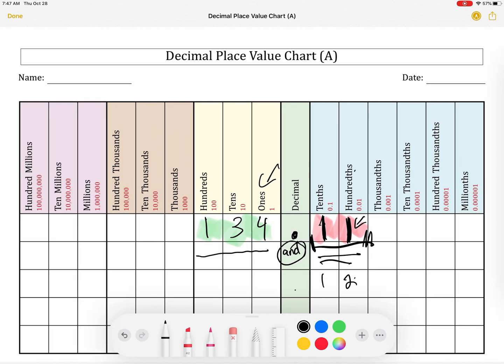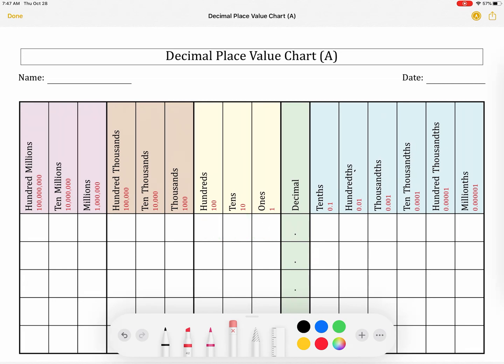So if we were to write this as a fraction, my part of my number, the red highlighted one, would be 11 over 100. So what I would recommend is that if you're struggling with this, if you don't know your place values very well, print off this place value chart and put in every number that we're going to be working on.